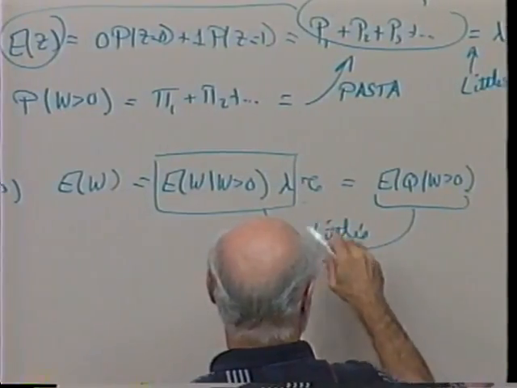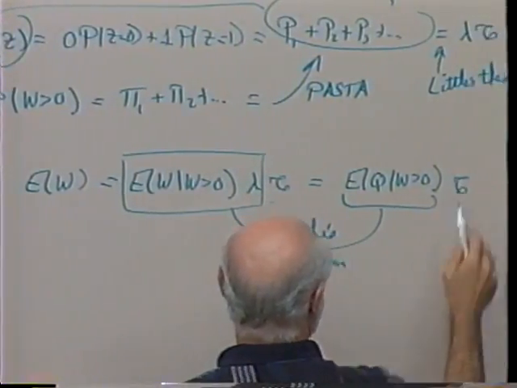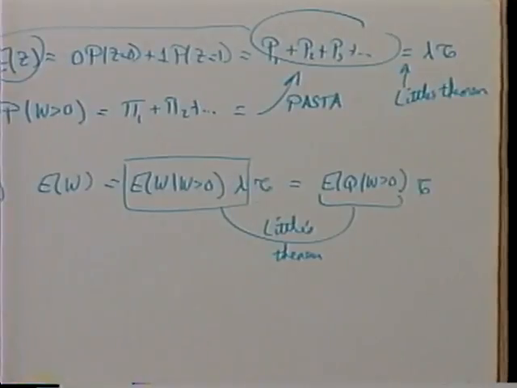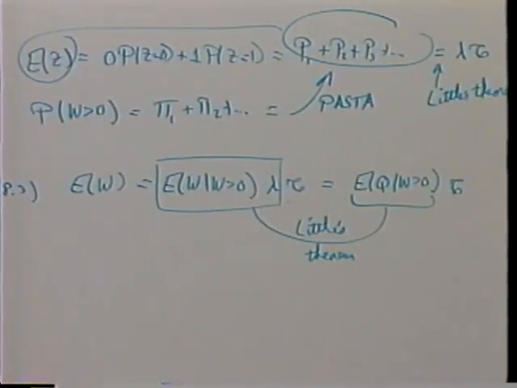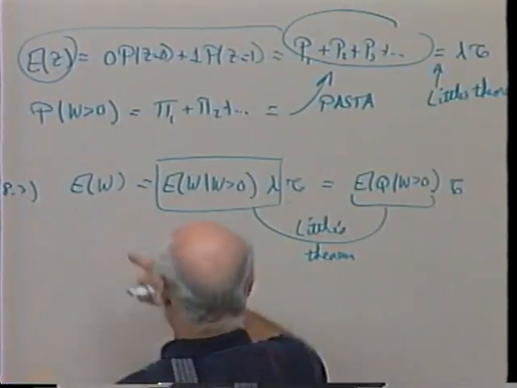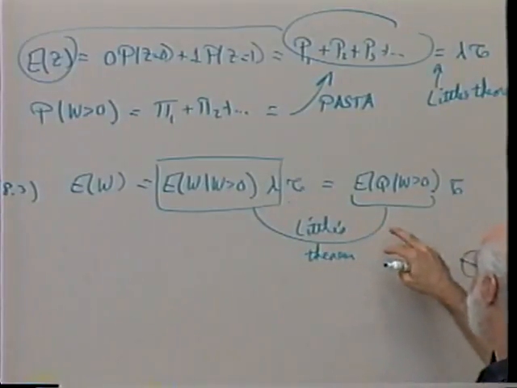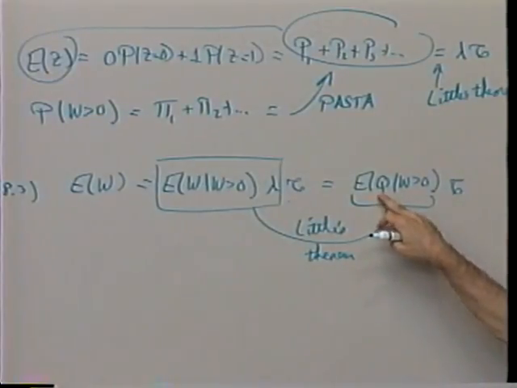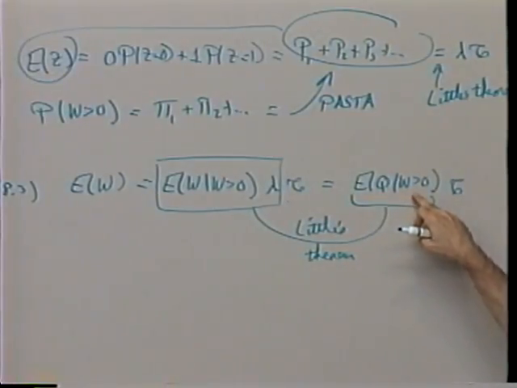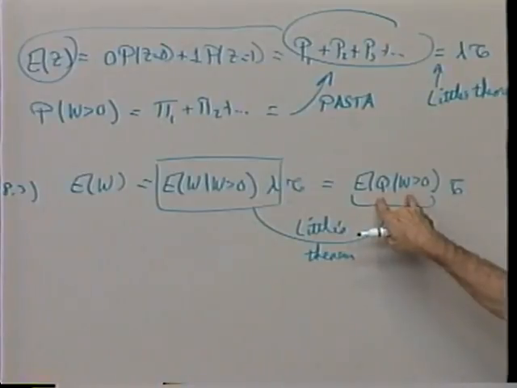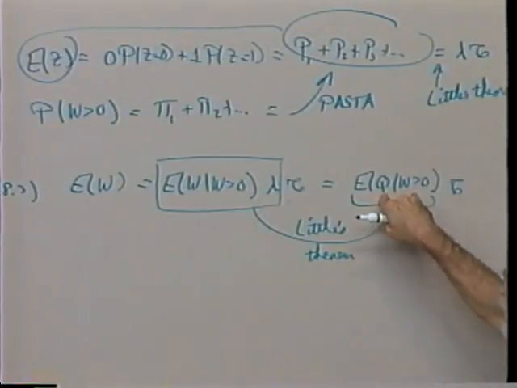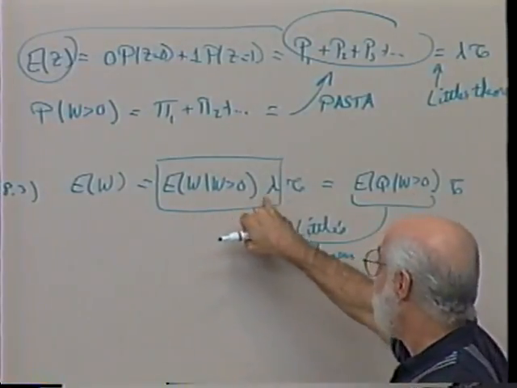And here's my tau. So the expected value of the waiting time is equal to the expected value of the queue length given that the waiting time is greater than 0, times the average service time. And this expected queue length given W greater than 0 is, in Little's theorem, the L, that's the W, and that's the lambda.